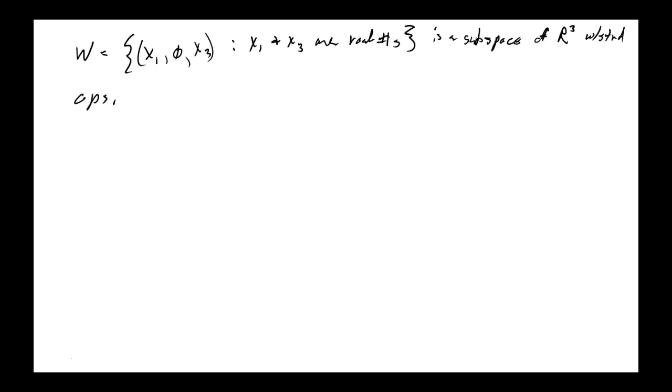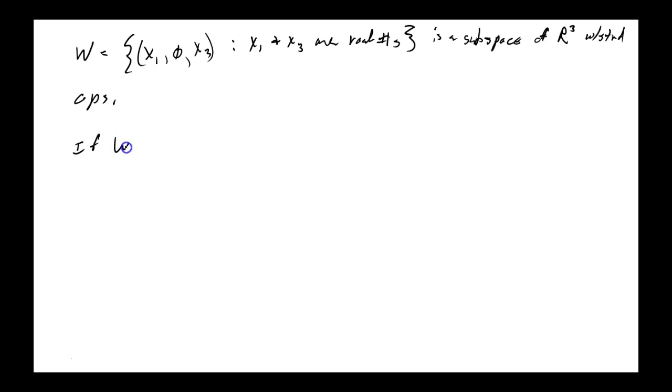The next theorem states that it is sufficient to test for closure in order to establish that a non-empty subset of a vector space is a subspace. So here is the test. I think we talked through the others. Here's theorem 4.5.